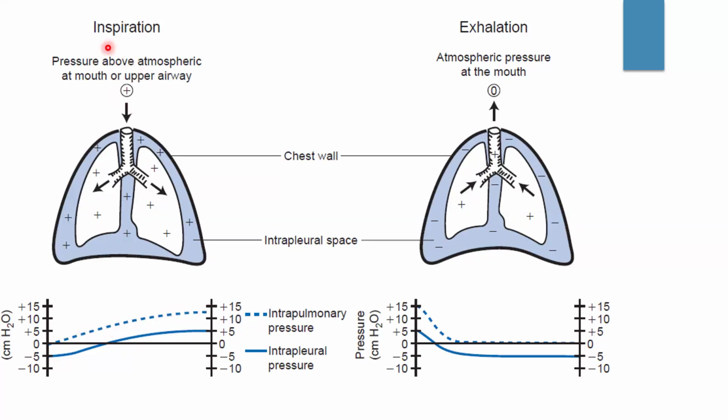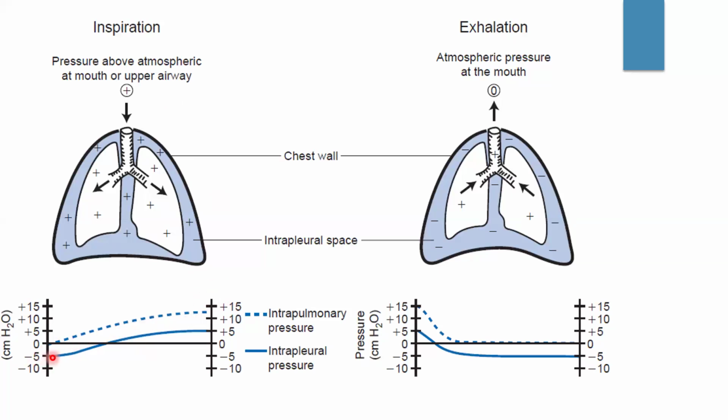If a pressure of, suppose, 15 is applied to the upper airway, the intrapulmonary pressure will move up to maybe 12. The remaining 3 centimeters of water will be dropped along the airway. It will be used to overcome the resistance of the airway.